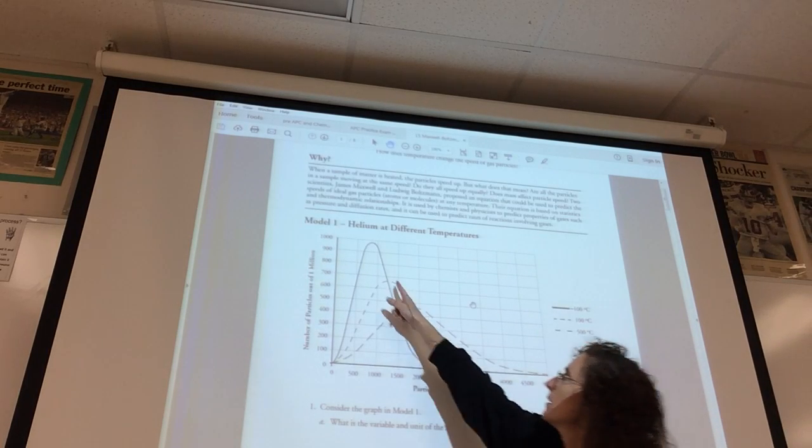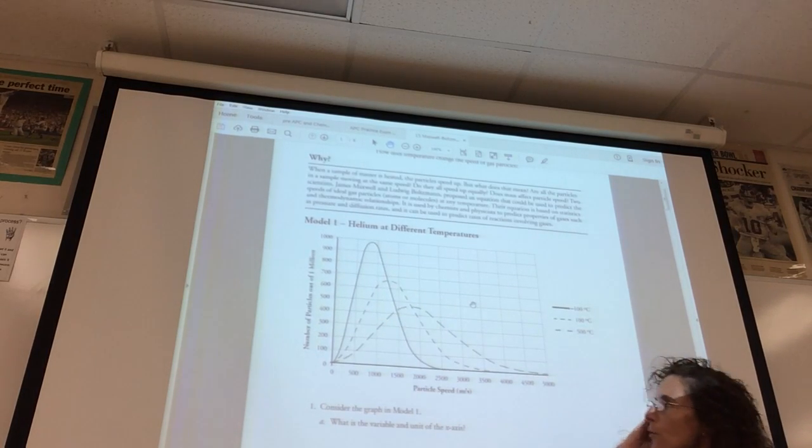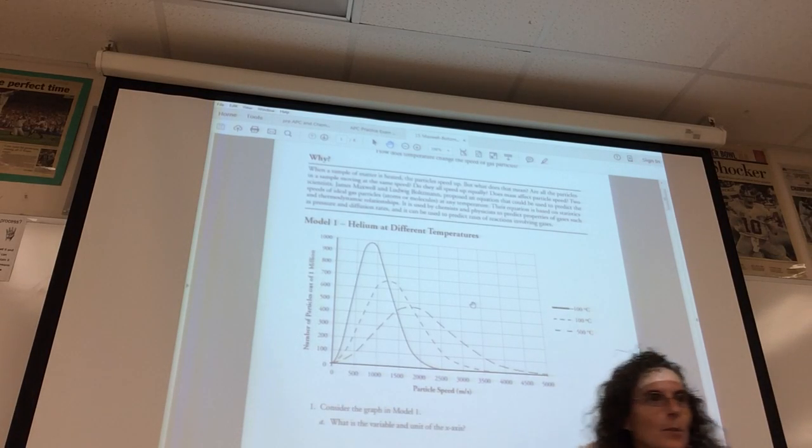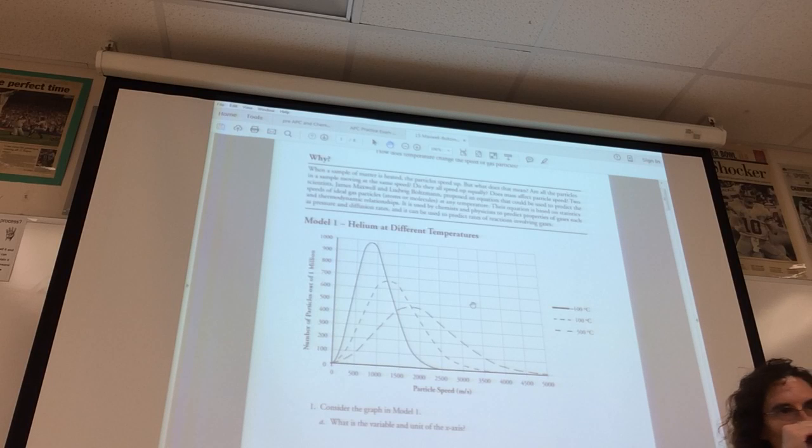Is the area under each of those 3 distribution curves the same? Yes. So that's the first thing. Do some particles have 0 meter per second speed? Yes. So you always have to start here because some of them never really get going. It's like the kid who's sick in the morning who's not going to school.